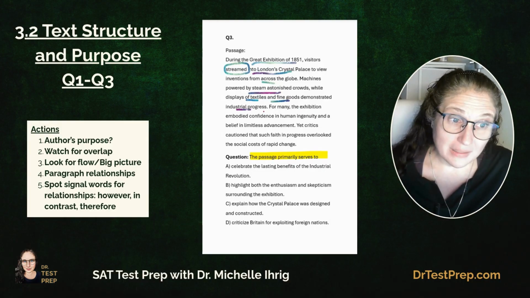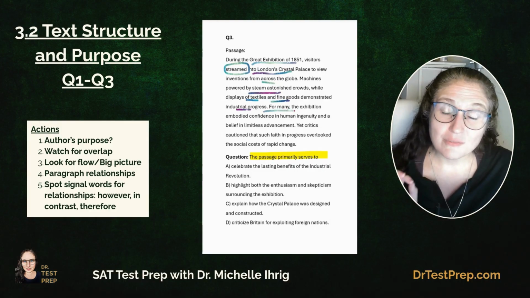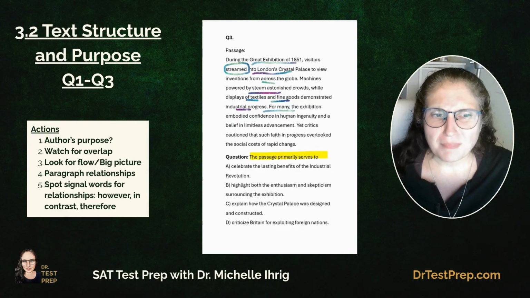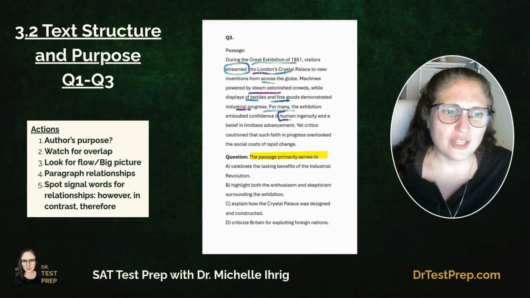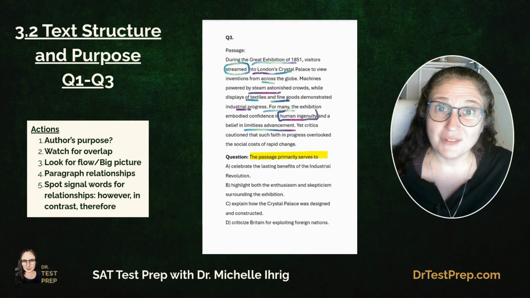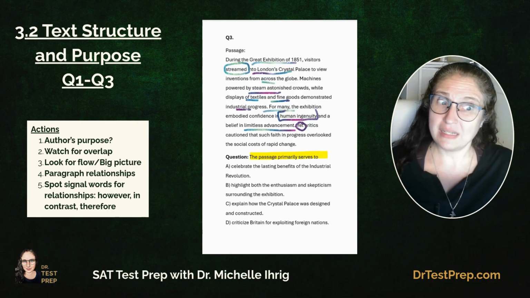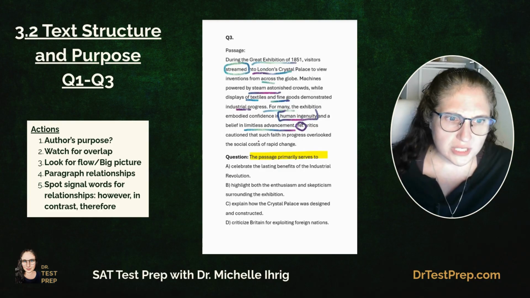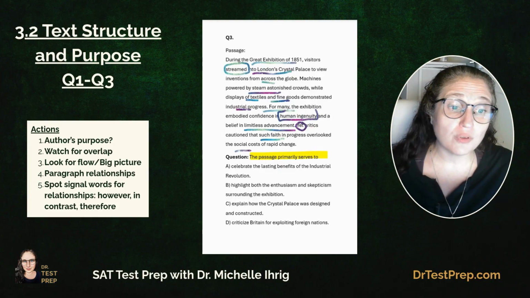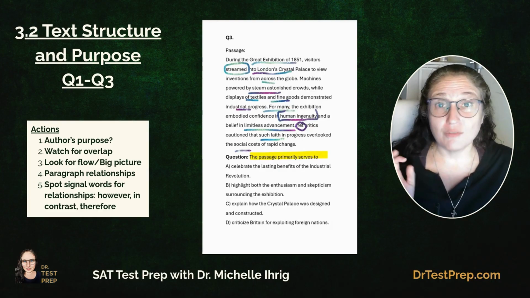For many, not all, good thing they didn't say all, for many, the exhibition embodied confidence in human ingenuity and a belief in the limitlessness of advancement. Yet, opposite. Critics cautioned that such faith in progress overlooked the social costs of rapid change.